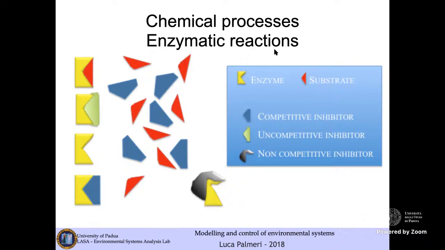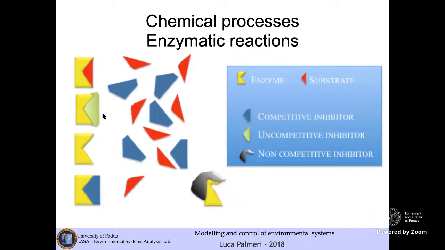In the case of uncompetitive inhibitors, there is no such steady state condition, but this simply means that the enzyme is taken away from the pool of molecules that may foster the reaction.